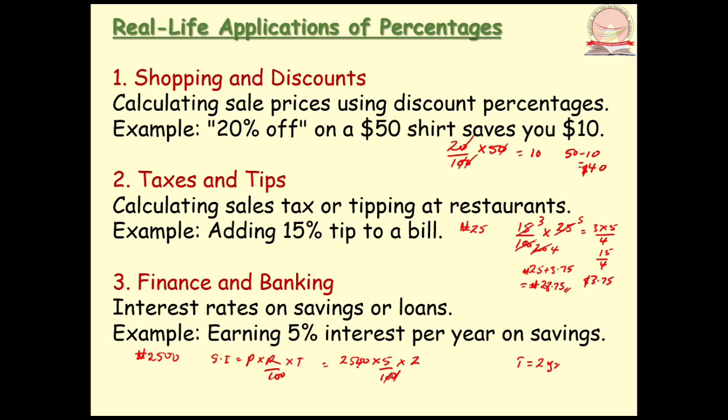So if we reduce this, we're going to be having 25 times 5 times 2, and this will give us 250 naira. That means every two years you're going to be having an addition of 250 naira to your money, that is the money you have initially in the account. So let's add it to this place now. We're going to be having 2,750 naira. So in 2 years you're going to be having 2,750 naira with the additional interest to your money.